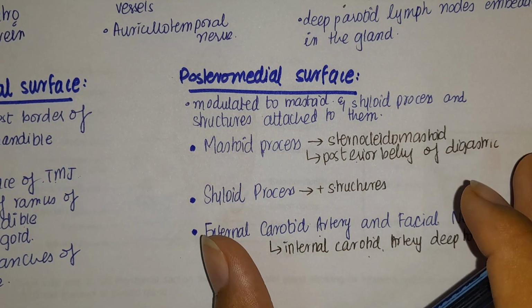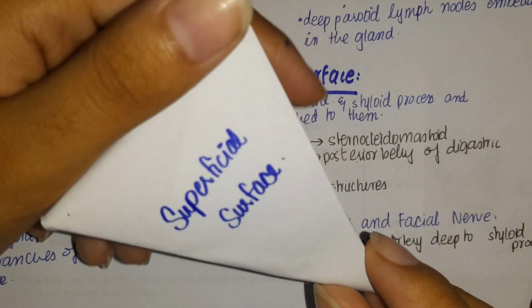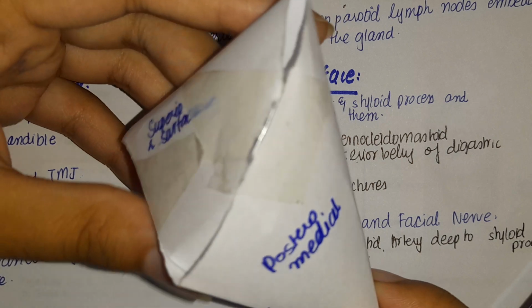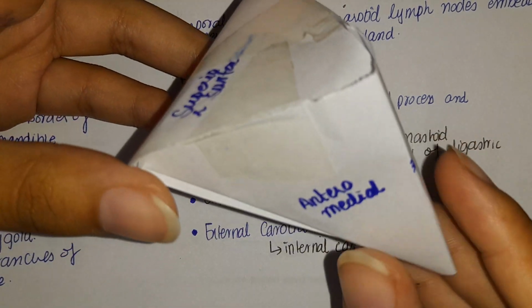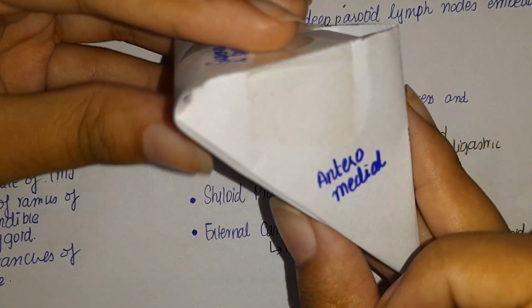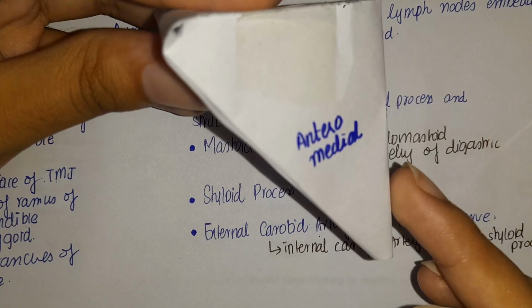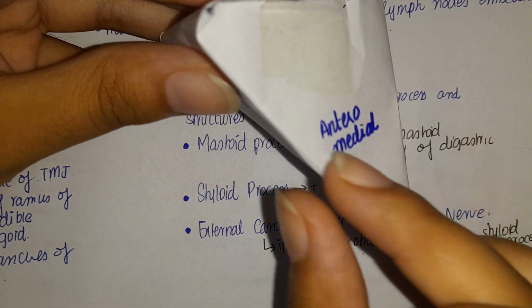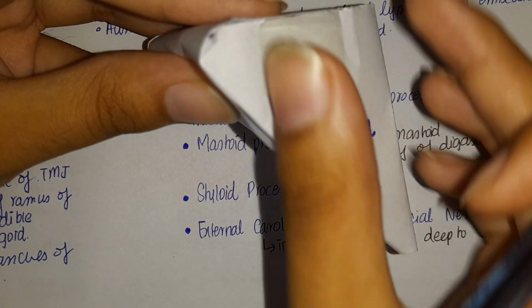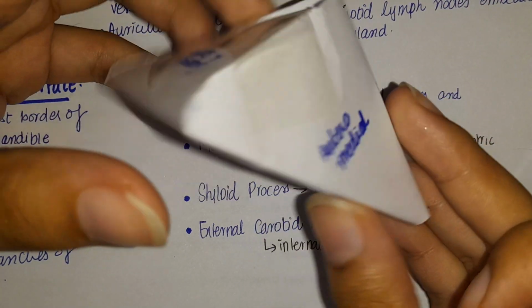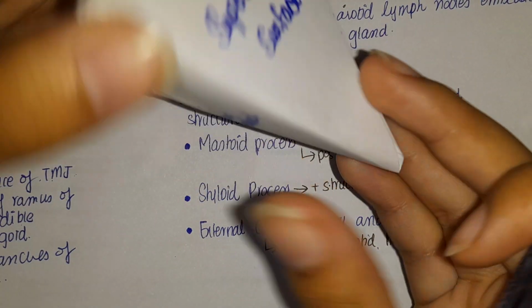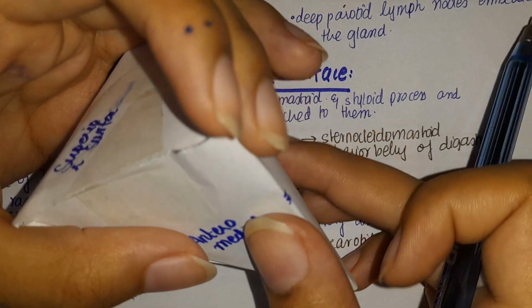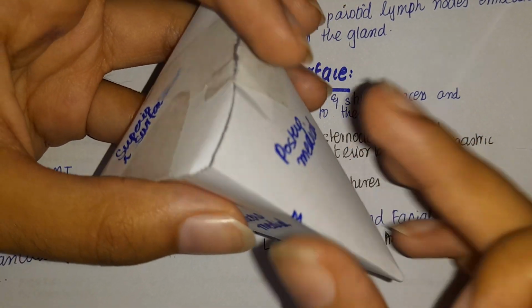With that, we have ended all the surfaces and all the borders. A quick review: majorly we have three borders: the anterior border, the medial border, and the posterior border. The surface between the anterior and the medial is anteromedial. The surface between the medial and the posterior is posteromedial.